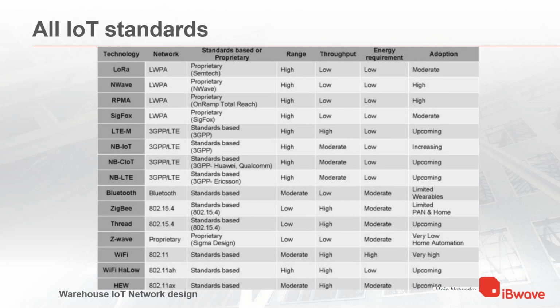And then there is 3GPP. 3GPP has quite a few IoT standards, such as NB-LTE, NB-IoT, and LTE-M. We have seen recently some adoption, mostly overseas in Europe, but there are some in North America as well. And then there is 5G.